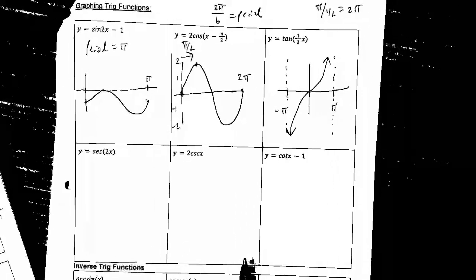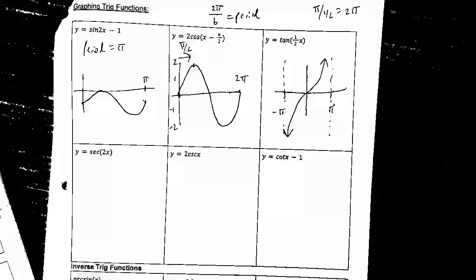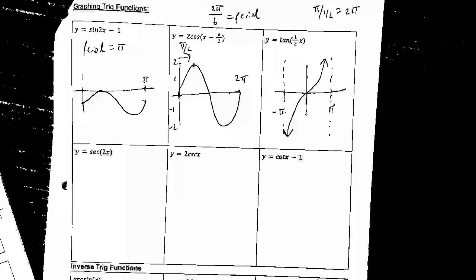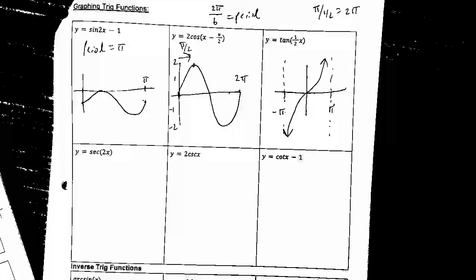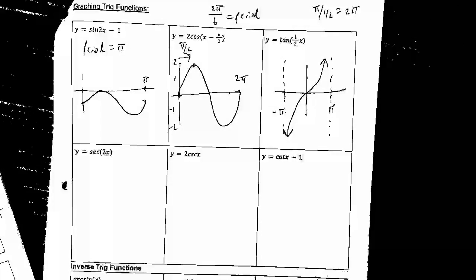Okay, secant, cosecant, and cotangent. So secant, 1 over cosine, with that 2x in there, that's going to increase the frequency by a factor of 2, or it's going to horizontally shrink it by a factor of 2.